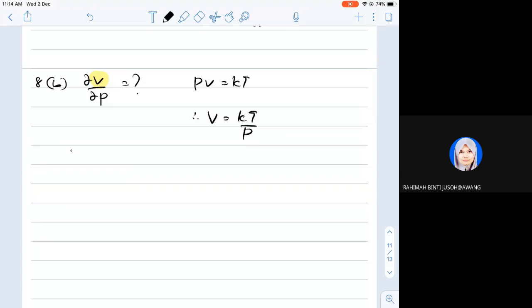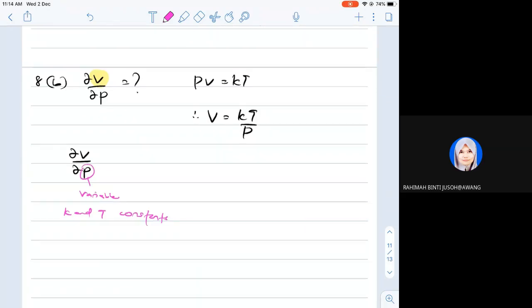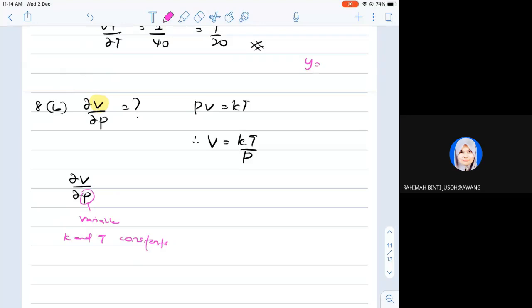Now guys, del V over del P, what is the variable now? P is the variable, right? So K and T become the constants. So bila K dengan T jadi constant, kalau let's say you ada Y sama dengan 3 per X, macam mana you differentiate? Y prime jadi apa guys?